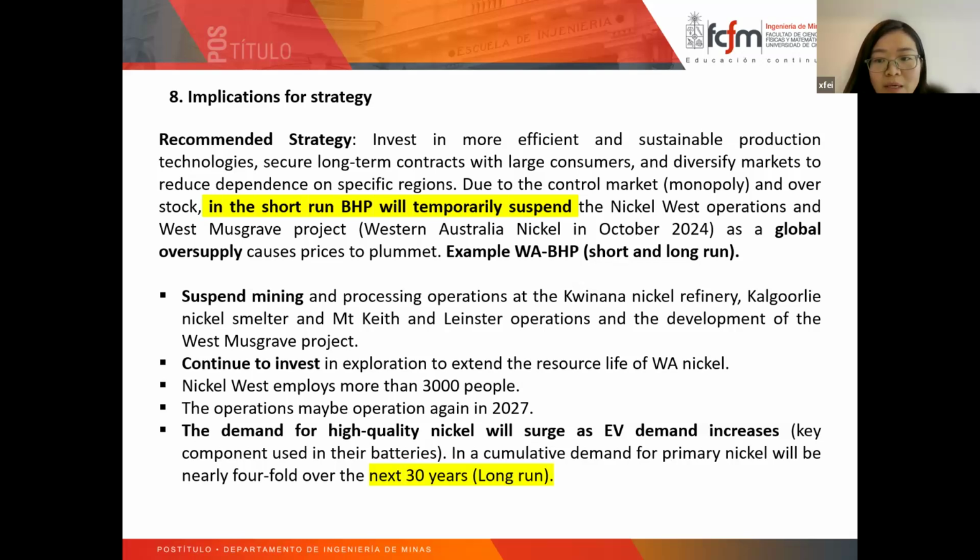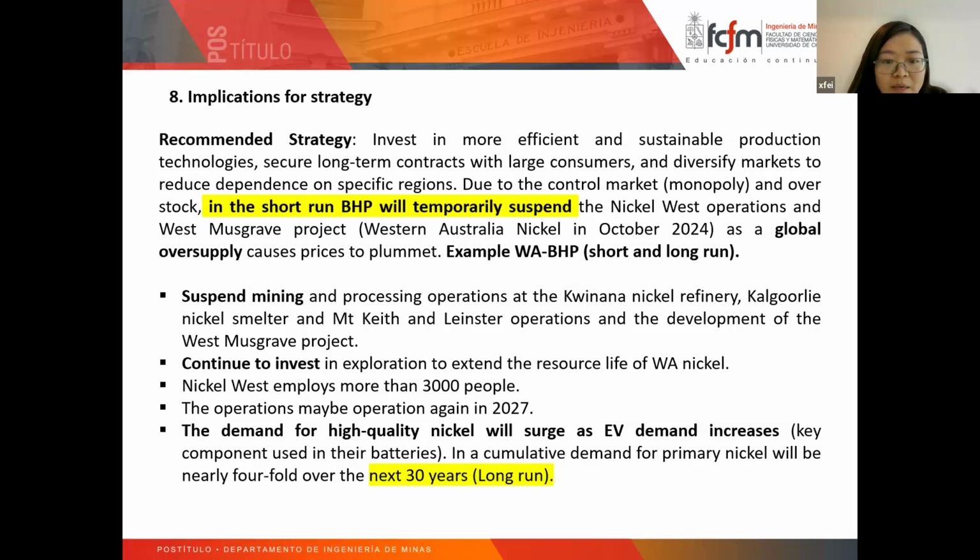In the short run, BHP will temporarily suspend the Nickel West operation and the West Musgrave project in Western Australia from October 2024 as a global oversupply caused prices to go down.